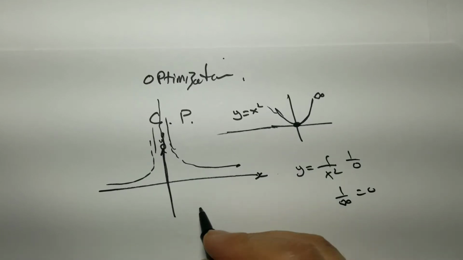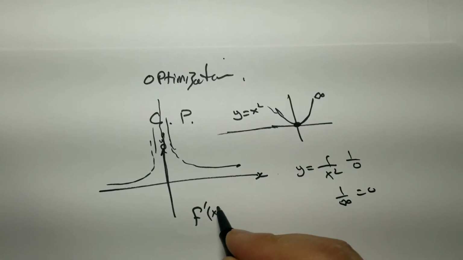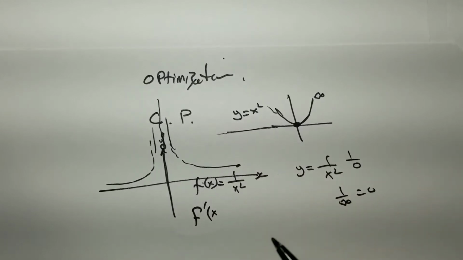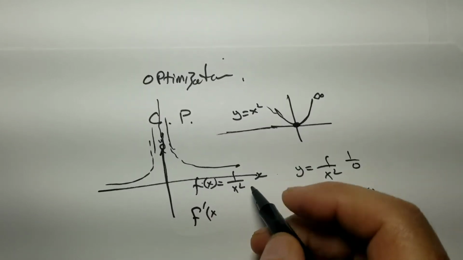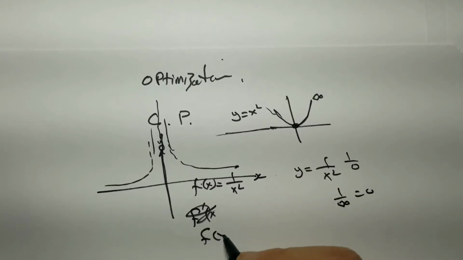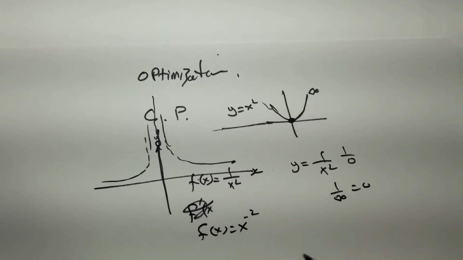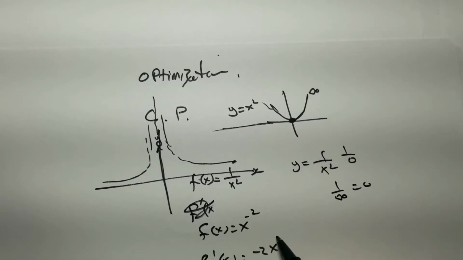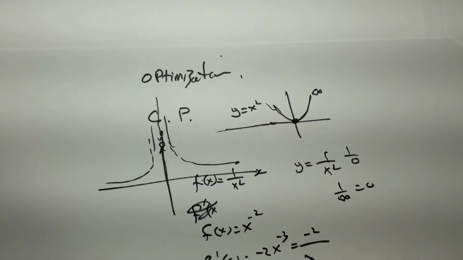Therefore, if I take the derivative of that function, which is really x to the power of -2, the derivative of it is -2x to the power of -3, which is -2 over x cubed.